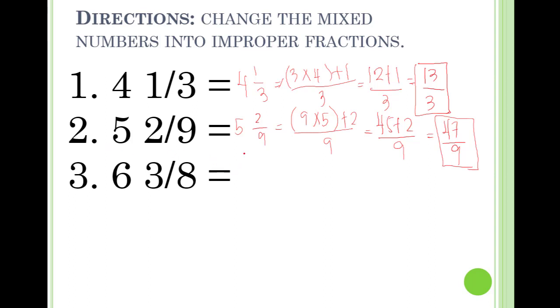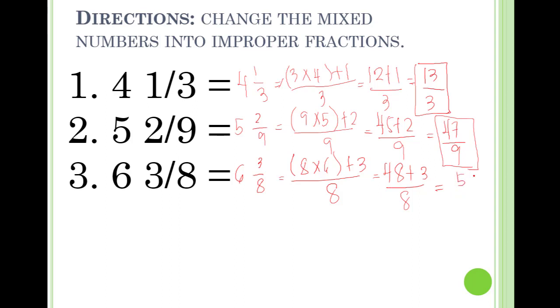Okay, go with me. 6 3 over 8. What is the first thing you have to do? Yes, you have to multiply, which is 8 times 6 plus 3 over 8. How many? 8 times 6 is 48 plus 3 over 8.